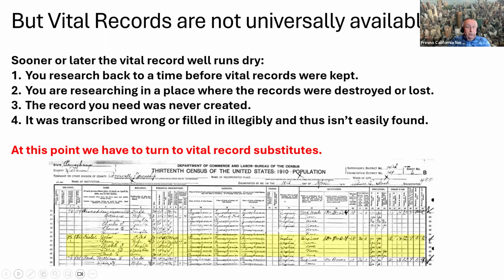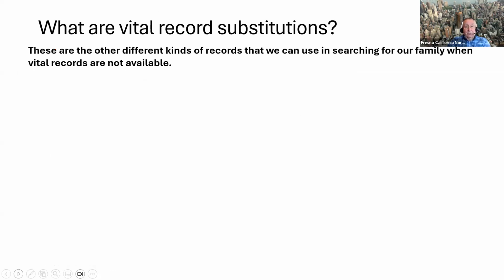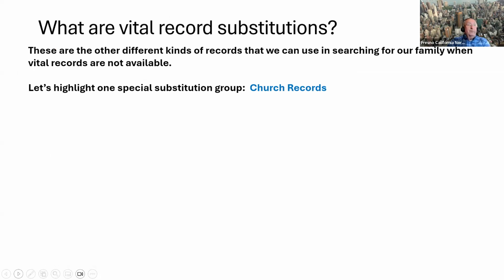And so eventually you will reach that point where you've gone beyond the vital records. And what you're going to have to do is find a way to substitute records. Vital record substitutions are just records that aren't vital records that will cover that information that you're looking for. And the single best group, if you can find them and if it applies to your family, are church records.